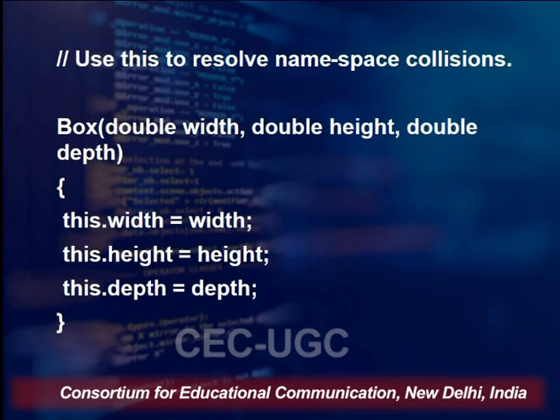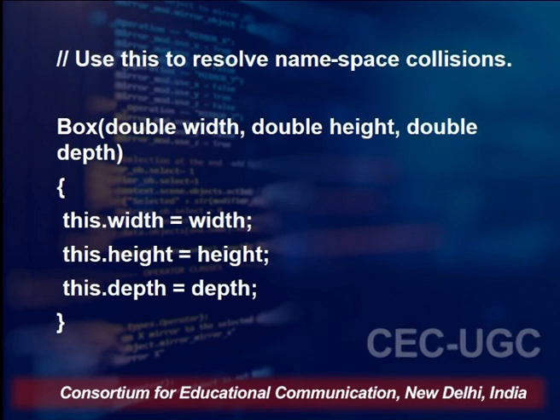So the use of this keyword here is to resolve the namespace collision in the scenarios when the parameter names or the local variable names are the same as the instance variable name. There can arise a namespace collision, so in order to avoid that, we will be using this with the instance variables.